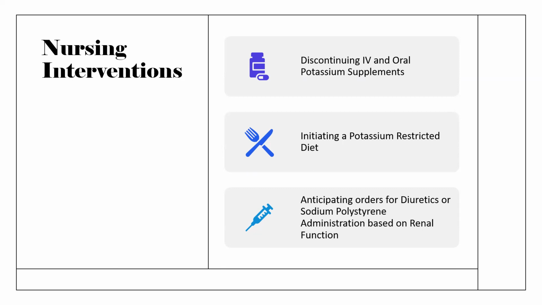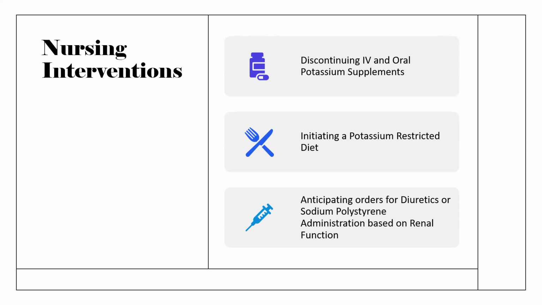Nursing interventions will include discontinuing any IV potassium, withholding oral potassium supplements, initiating a potassium-restricted diet, and preparing to administer potassium-excreting diuretics if the renal function is not impaired.